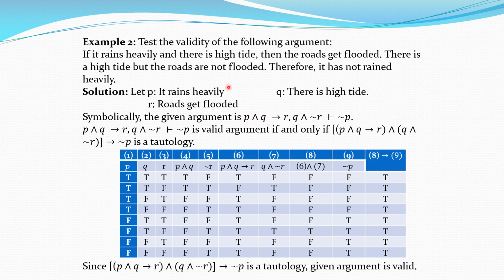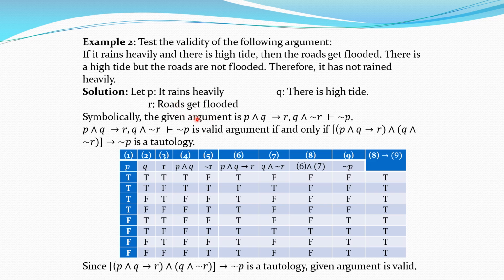Now, therefore it has not rained heavily. So the thing it has not rained heavily is nothing but the conclusion. So we have to write it after the yield symbol. That not rain means it is negation of P. So this left hand side is nothing but our premise part, hypothesis part, and this right side is nothing but conclusion.